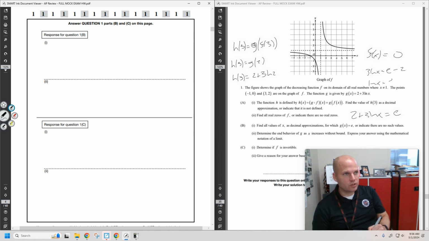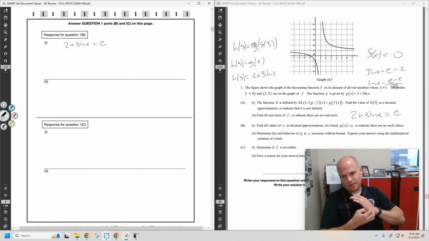Log x equals e minus 2 divided by 3. So I have that work. G of x equals e. 2 plus 3 log x equals e.